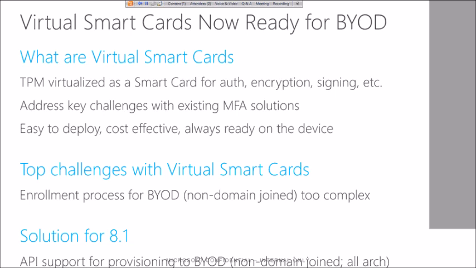In a nutshell, virtual smart cards utilize a TPM chip to store the authentication, encryption, signing experience, and so on. It addresses the key challenges with existing MFA solutions. And our ultimate goal was that we enable an easy to deploy virtual smart card, which is cost effective and always ready on all the Windows devices across the ecosystem.